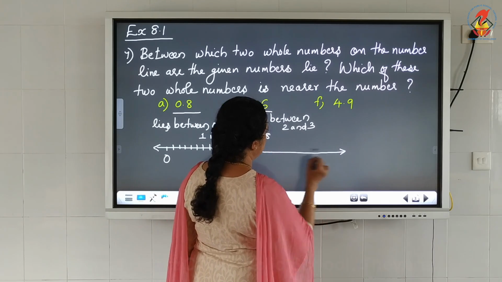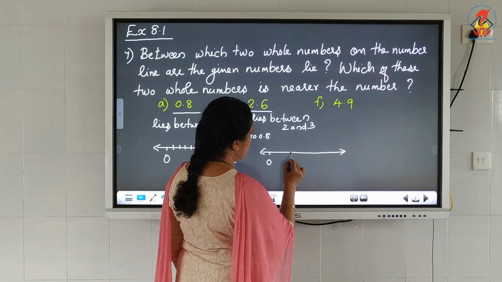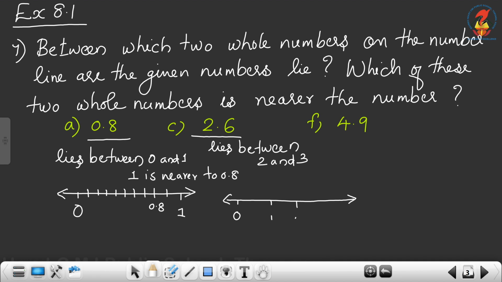If you draw the number line, we have 0, then 1, then 2, then we have 3. Therefore, the distance between 2 and 3 should be divided into 10 equal parts.